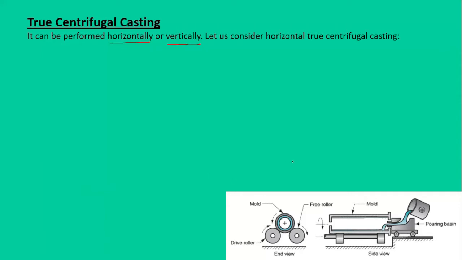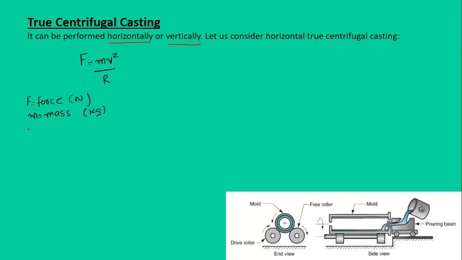Let us consider a mold that is rotating at a high speed. The centrifugal force that is acting on this molten material would be, as you know, F equals mv squared by r, where F is the force in Newtons and m is the mass of the molten material in kilograms.